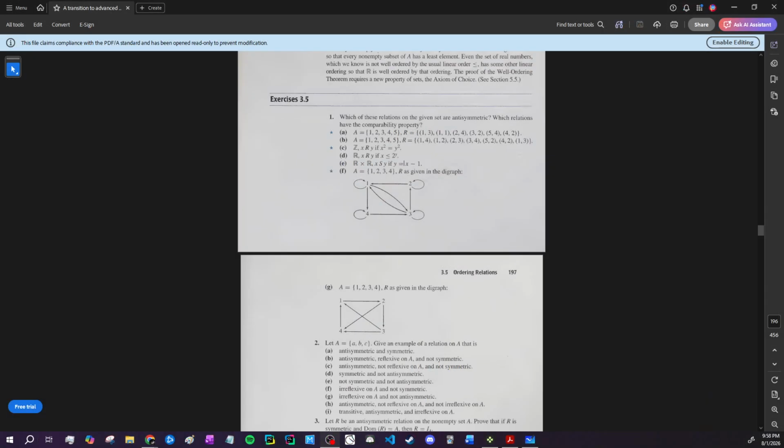Okay, so let's go to the fourth problem basically. So we know that the set A is basically all real numbers. And then we have x R y.